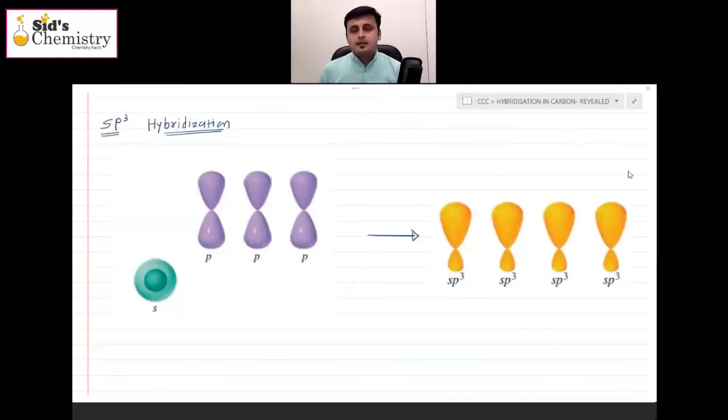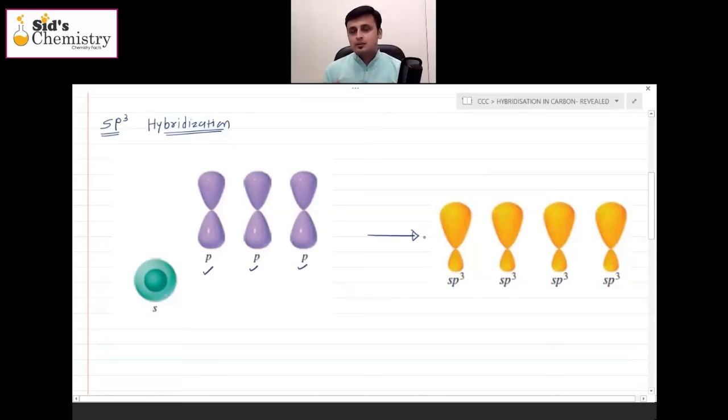Now we will understand sp3 hybridization. You can see that this is the s orbital, which is spherical in shape, and these are p orbitals, which are dumbbell shaped. In sp3 hybridization, one s orbital and three p orbitals combine to form sp3 hybridized orbitals, and the newly developed orbitals have a shape where the upper lobe is larger and the lower lobe is smaller.